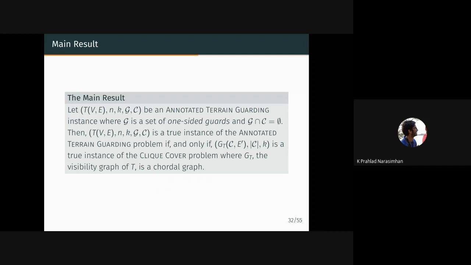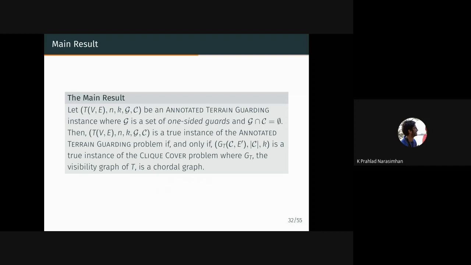But I am making sure that G and C are disjoint, which was followed before as well, because the set of reflex vertices and convex vertices are disjoint. And I'm also making sure that G is a set of one-sided guards. By one-sided guards, I mean that they can only see to one of their sides.